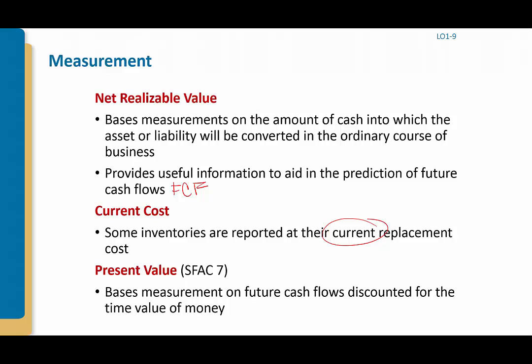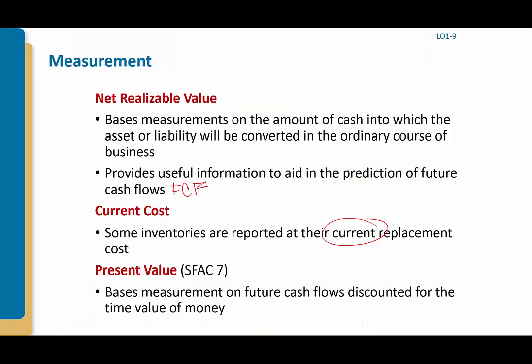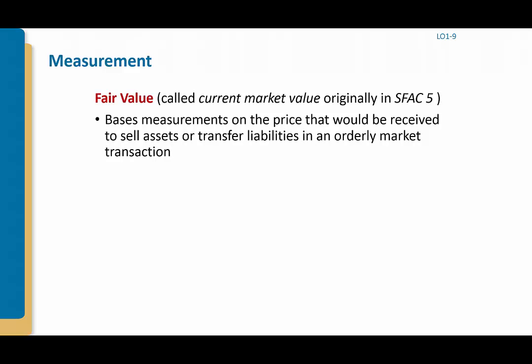Present value is in Statement of Financial Accounting Concepts 7. Basically that measures the future cash flows, but discounted to present value for the time value of money, and we will talk about time value of money in Chapter 6. Fair value is also called current market value.